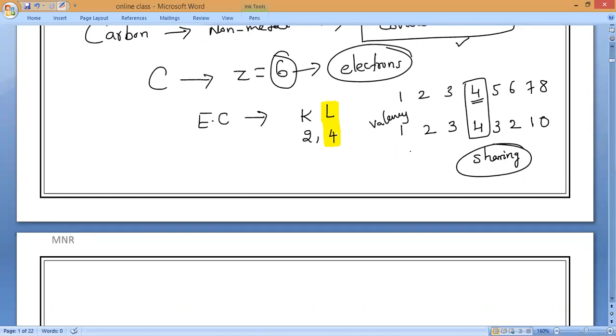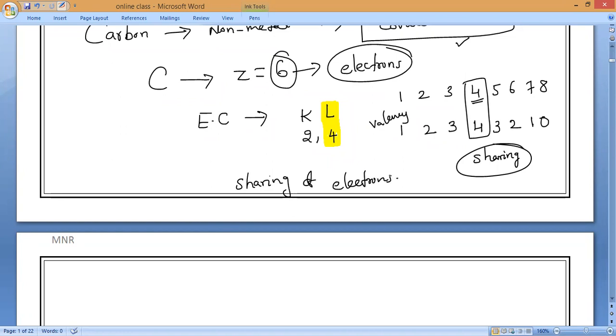That is due to energy considerations, which we will study in the 11th class. It is not needed now. To acquire the inert gas configuration at any cost, instead of donating or receiving, it will go only for the phenomenon called sharing of electrons.